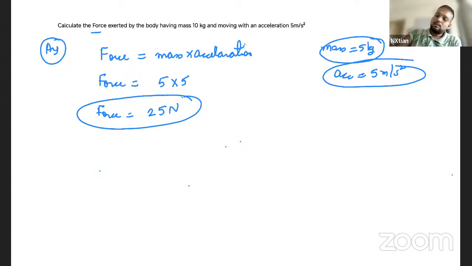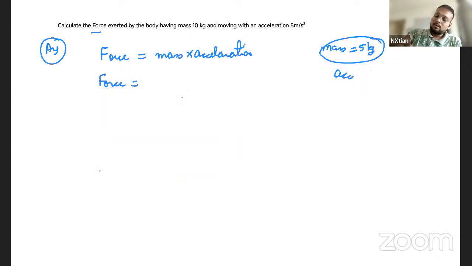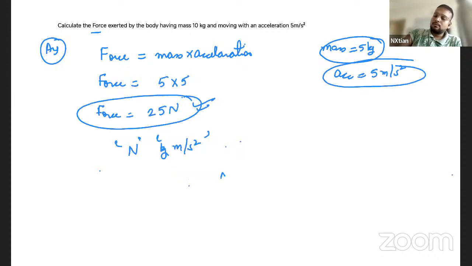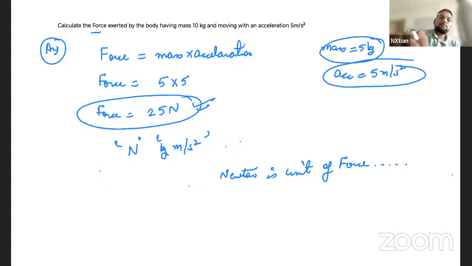Newton is basically the unit of force, which is equal to kg meter per second square. So you can write either Newton or kg meter per second square. Understood? Yes or no? Write it down.